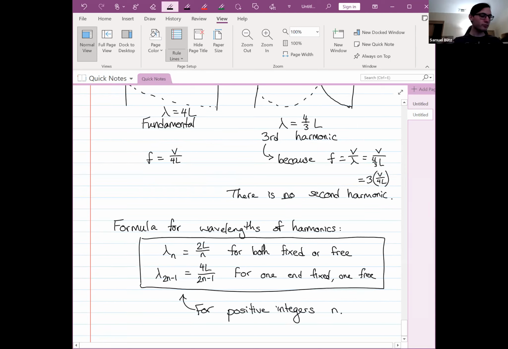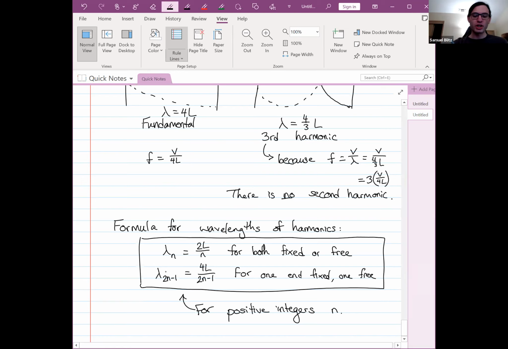So to plug this in, say you have both ends fixed, right? If you wanted to know, say, the 9th harmonic, the wavelength would be 2L divided by 9. Now here's the trouble. For one end fixed and one end free, you might ask, what's the wavelength of the second harmonic?